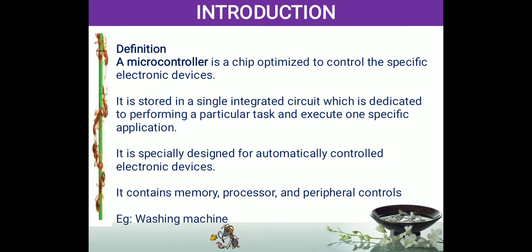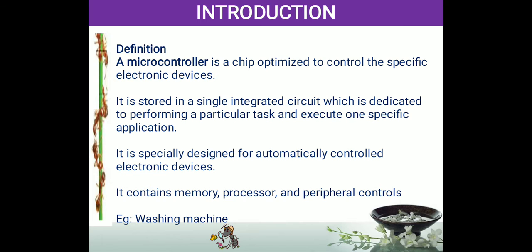And what is the definition? Whatever the subject it may be, definitely we need one definition. Microcontroller is a chip optimized to control a specific electronic device or specific operation. For example, if the microcontroller is designed for the washing machine, it will control only the operations of the washing machine.